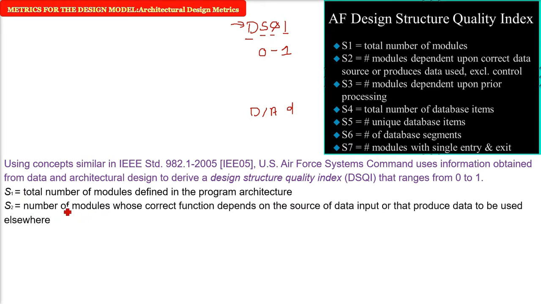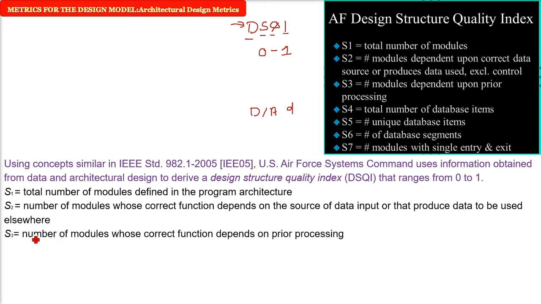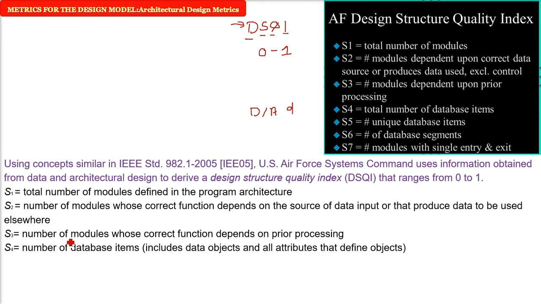S1 is the total number of modules. S2 will be the number of modules dependent upon correct data sources or which produce data used. S3 will be modules which are dependent upon prior processing. S4 will be the total number of database items, and S5 will be the total number of unique database items.